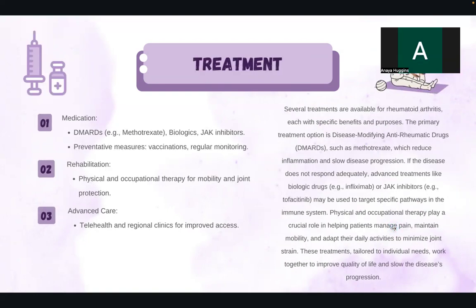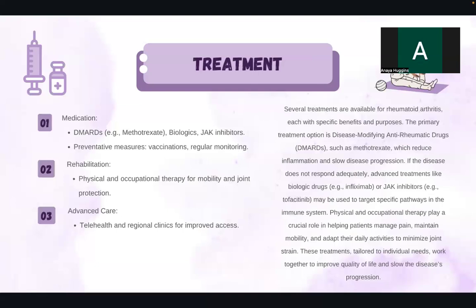So, treatment. Treating RA is about halting disease progression and managing symptoms. The cornerstone of treatment is disease-modifying anti-rheumatic drugs, or DMARDs, depending on how you want to pronounce it, like methotrexate.